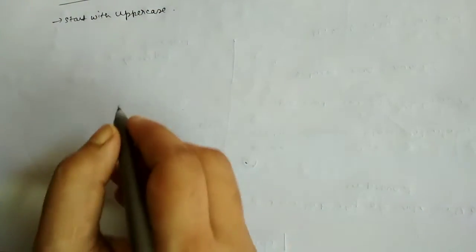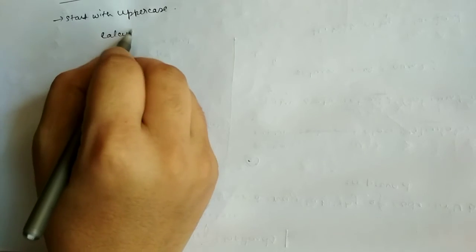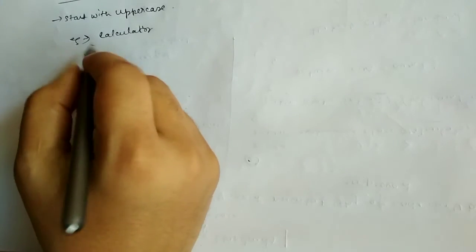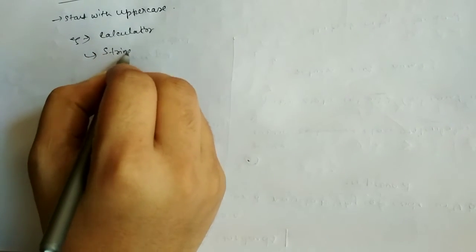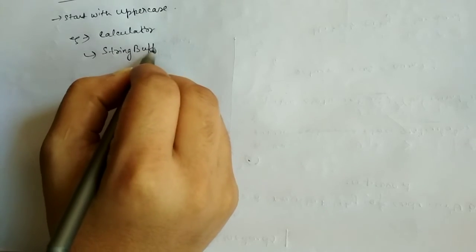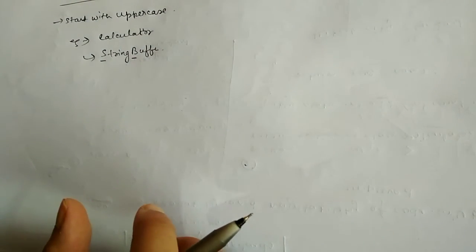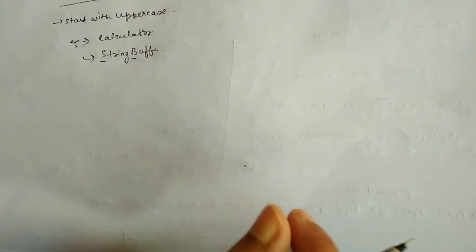If the class name is simple, such as Calculator, we will write it simply as Calculator. And suppose the class name is string buffer, we will write StringBuffer. So we keep a single word starting with uppercase, and if the next word comes, we start it with uppercase too. So we can maintain this.